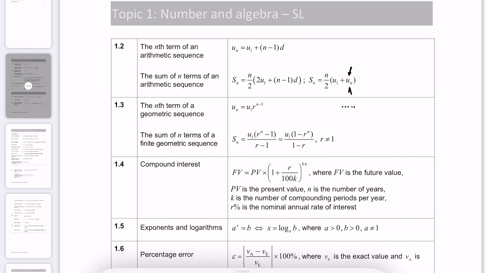We're not always going to know the nth term. Since they ask us in the question to write it out in terms of n, this is going to be the more appropriate formula, because it's in terms of n, d, and u1. And we know what u1 is and we know what d is, but we don't always know what this un is. So that one's not going to work for us. We'll have to use this one right here.